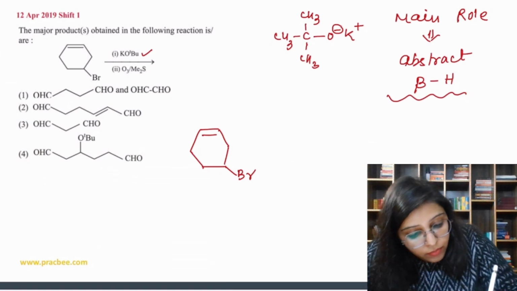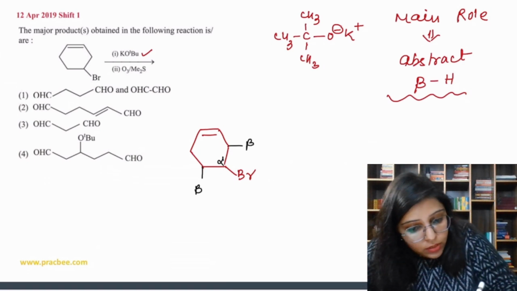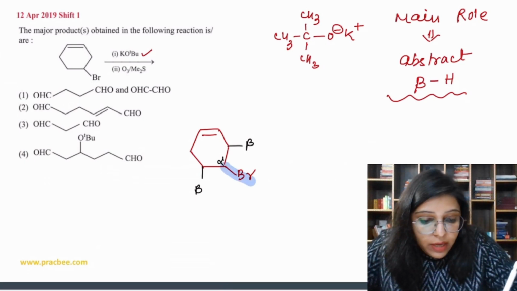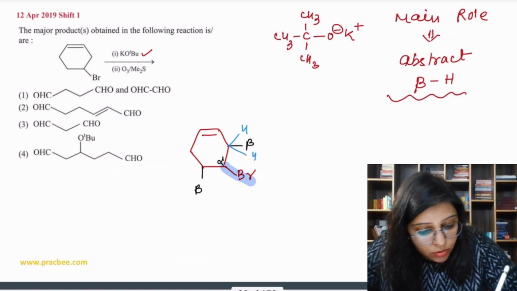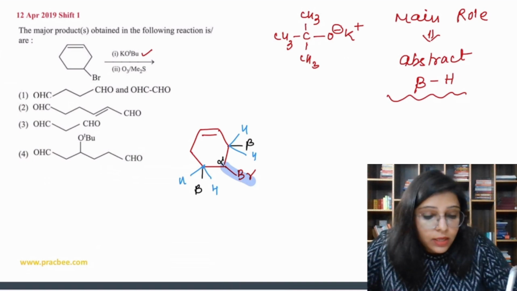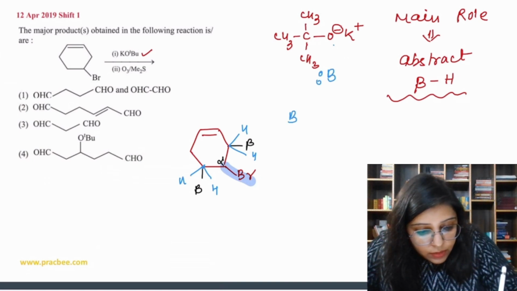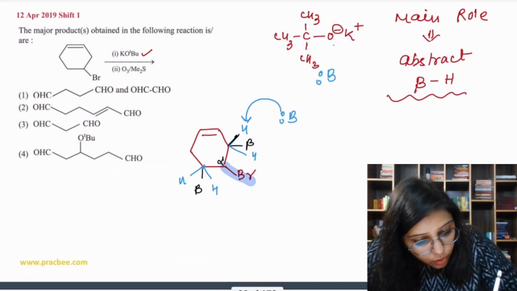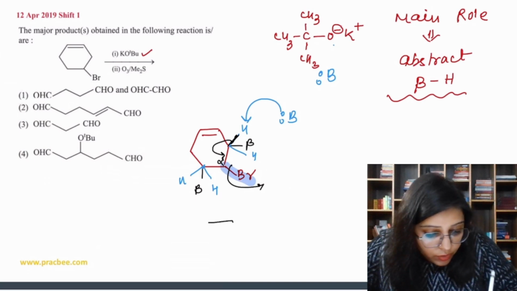We have the alpha carbon, and this is the beta carbon with respect to this bromo group. In the beta carbon we have two hydrogens. If this base abstracts this hydrogen, the electrons of this bond shift over here and Br leaves. So we get this compound.